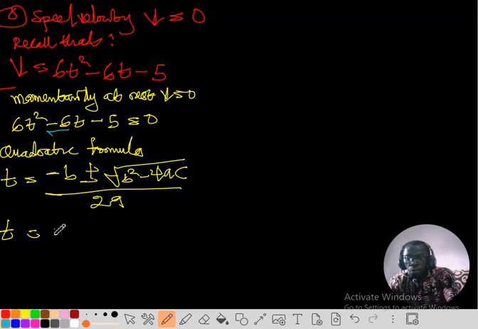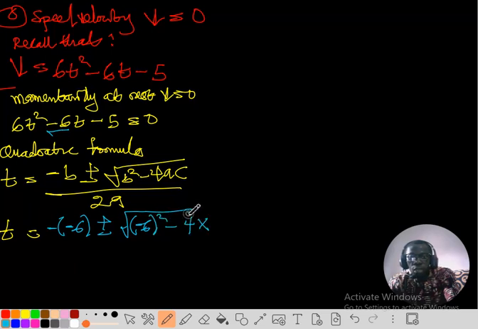So b is minus, the b itself carries minus 6, plus or minus the square root of minus 6 squared minus 4 times a, which is a positive 6, times c, which is negative 5, over 2 times a. 2 times a is positive 6.